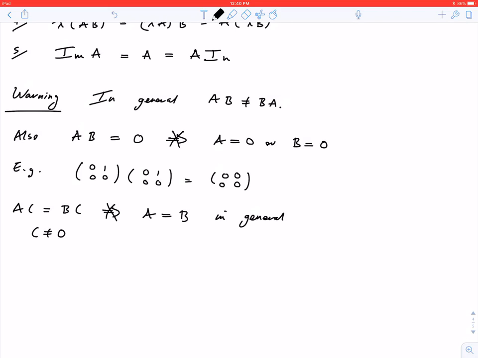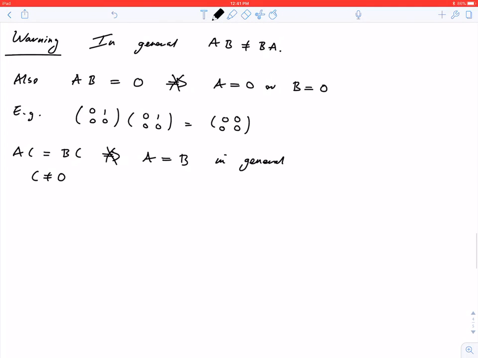Okay, so one final thing I want to do is introduce a new operation, which is quite different than the others. It doesn't correspond to something really obvious at all in terms of even the linear transformation side of things. But I'm just going to give us the definition. It's going to turn up quite a lot later in the course. So there's a funny thing I can do to a matrix.